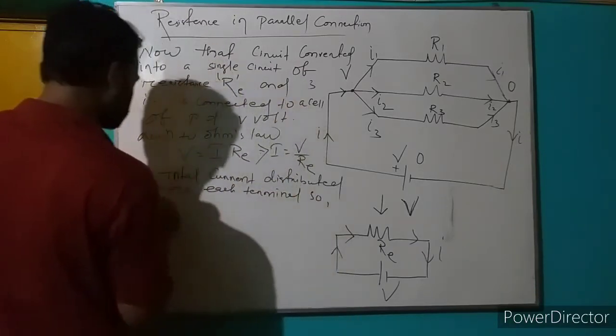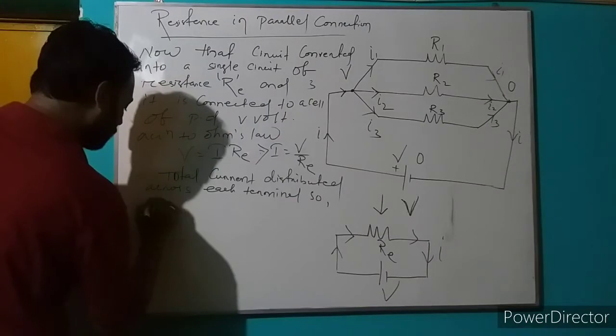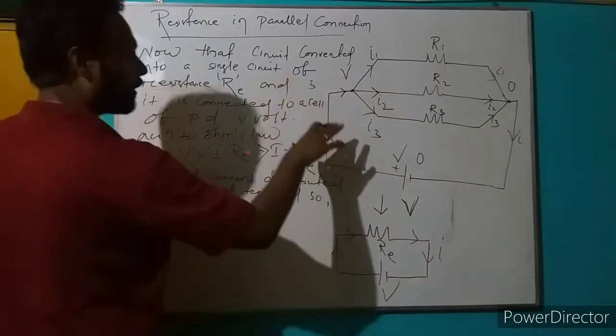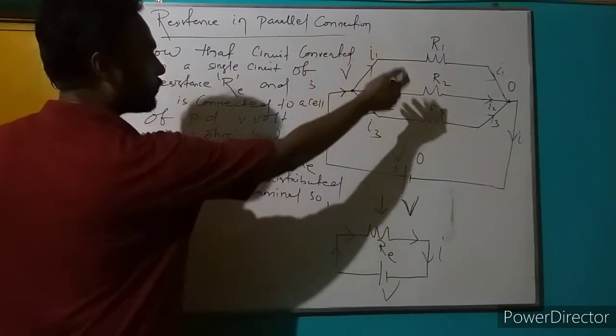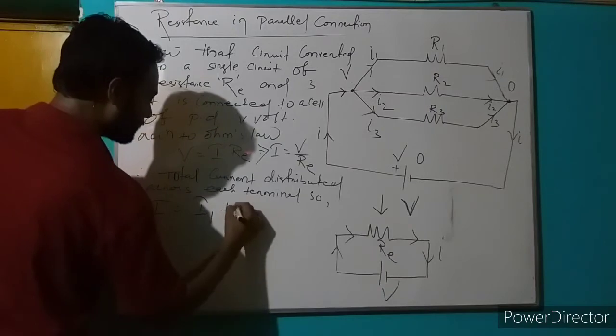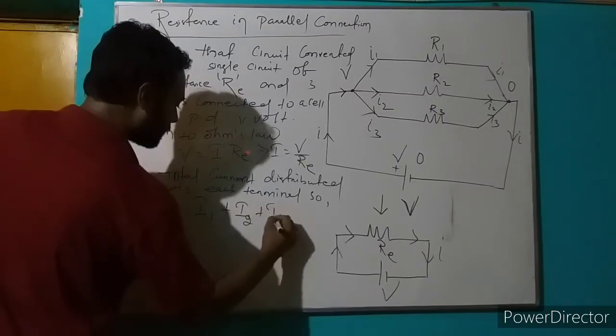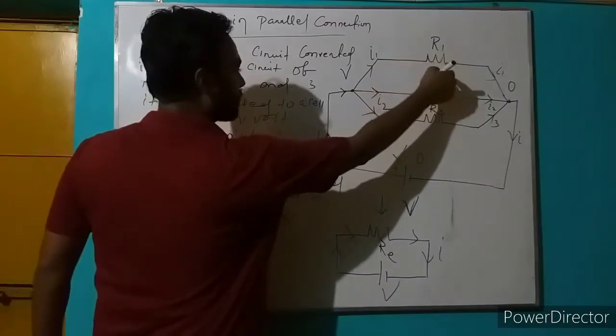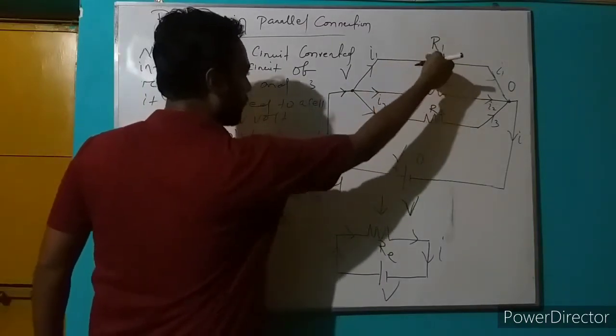So I, the total current, equals the sum of all currents passing through each resistor, that is I1 plus I2 plus I3, through resistors having resistances R1, R2, R3.